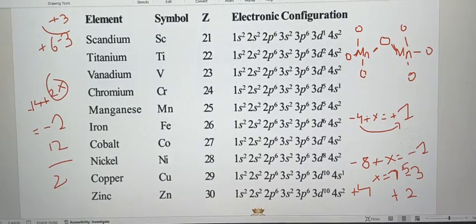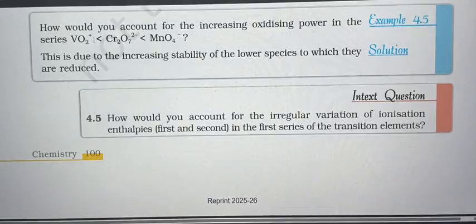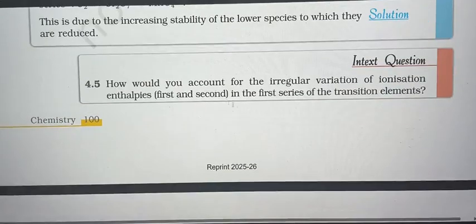So it is already stable. Why would it want to gain an electron? Doesn't make sense. That's why it has the least oxidizing power. Those are the reasonings. The others are taking electrons because they become more stable, but this is already stable, so it doesn't want to take an electron, that's why it has the least oxidizing power.